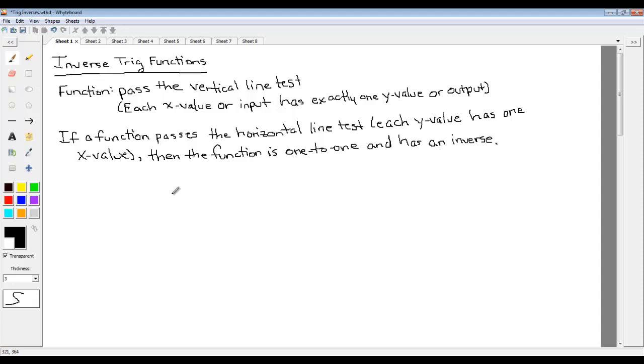Okay, so we learned about those in algebra classes. But we're going to apply that knowledge here to the trig functions.